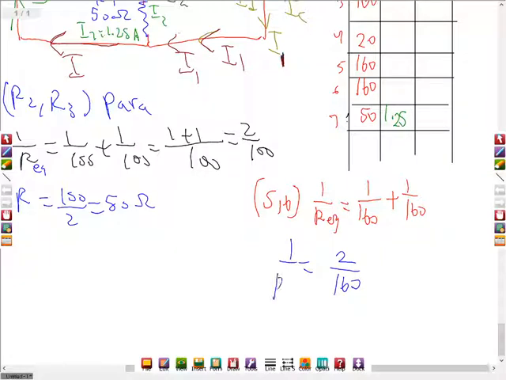Just flip both sides. This gives you R equivalent equal to 80.